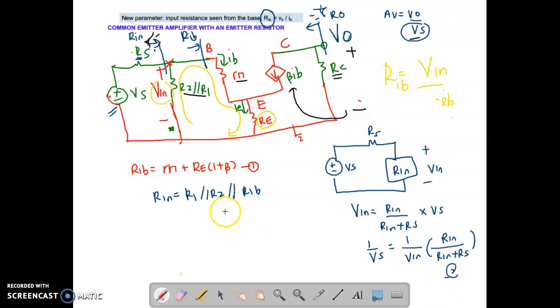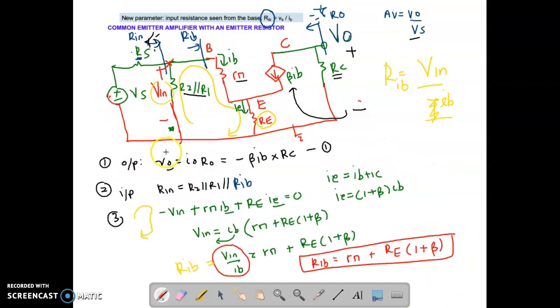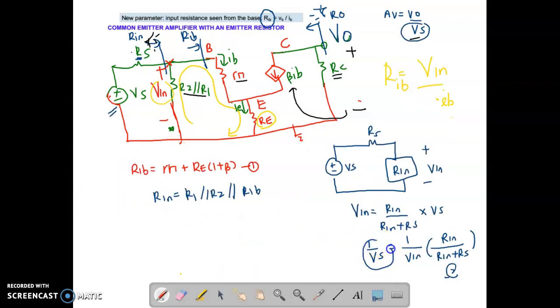Okay, so now in the previous derivation, you already got your Vout. So now you can get the relation of your VS. You can summarize here how you can get the gain.